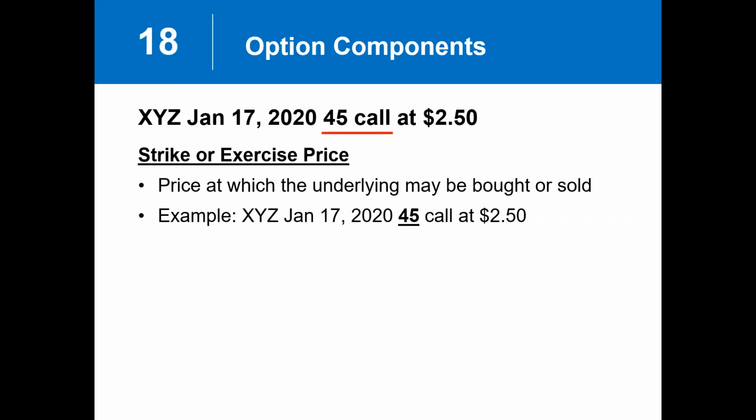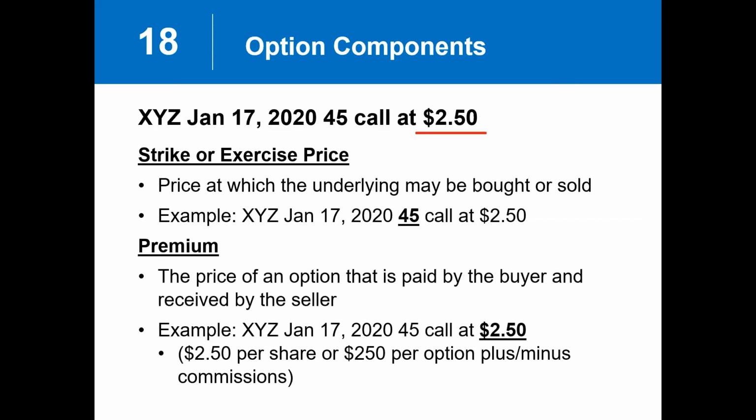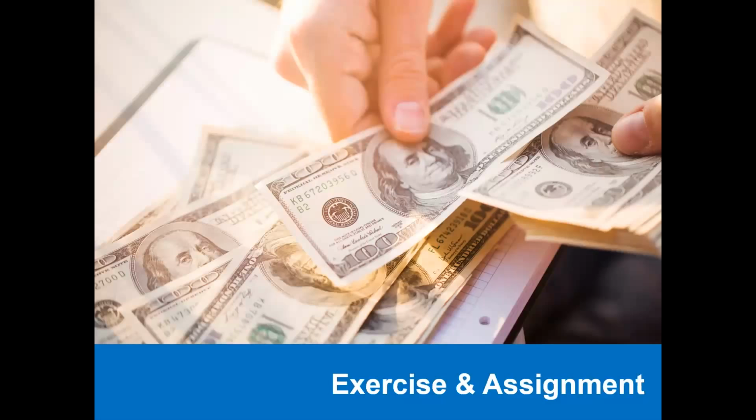So the strike is the price at which the underlying can be bought or sold, depending on whether you've been a buyer or seller of the call or put. Okay, so that's the 45 call. And then the price or the premium is $2.50. And the way that works, each contract, since it corresponds to 100 shares of the underlying, you take that premium of $2.50 and you got to multiply it by 100. So each contract corresponds to a value of $250. And that's potentially where the income generation comes in.